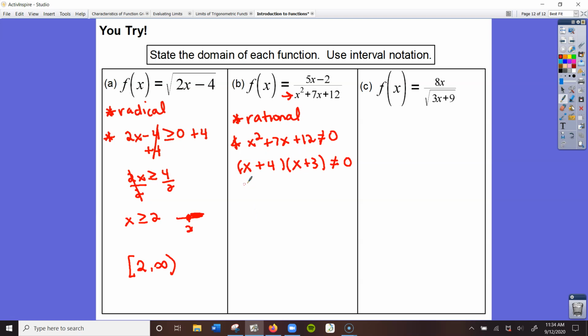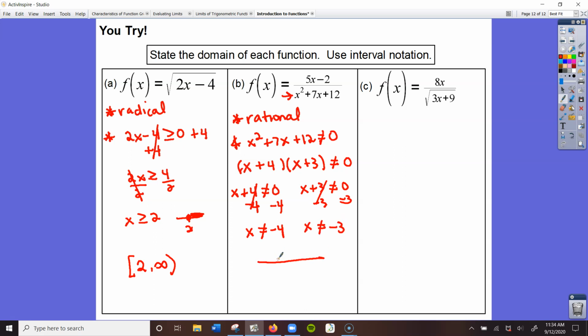Now that you have it factored, we can make each individual factor not equal to 0. So that way I can solve for those excluded values. For each of these, you would just have to subtract. And we get that x cannot equal negative 4, as well as x cannot equal negative 3.